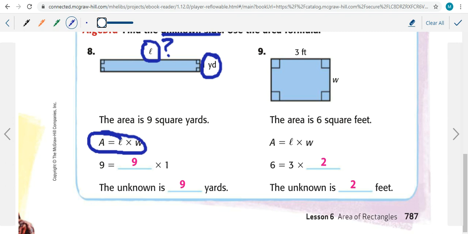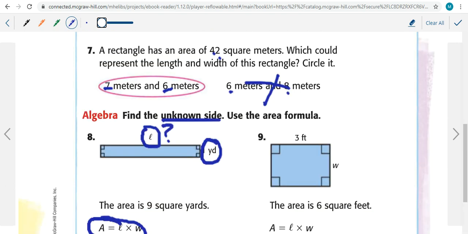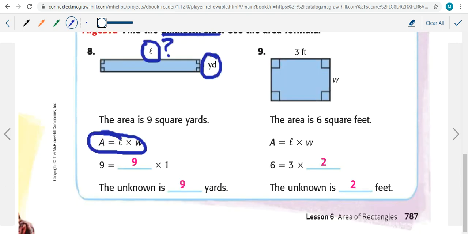Remember that length is largo, width is ancho. So we already know that the area is 9 because of the formula, and we do not know this number yet, but we know that the width is 1. Which number multiplied by 1 will equal 9? The answer is 9.